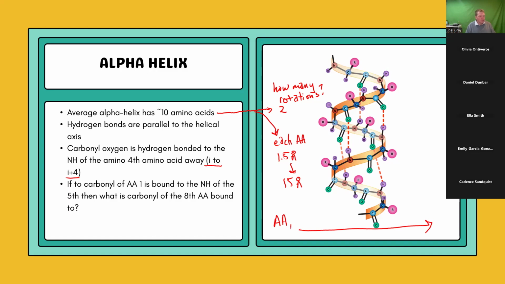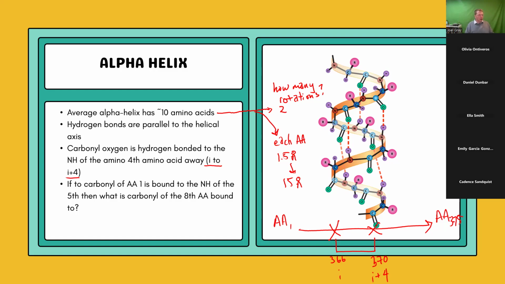You could have a polypeptide that's 375 amino acids long. Well, if you have this amino acid, it's going to hydrogen bond with one that is 4 away. In which case, this could be like 366, and this would be 370 because this is our I to I plus 4.